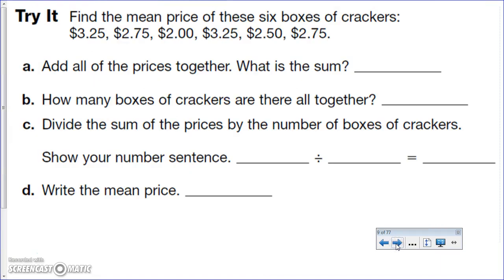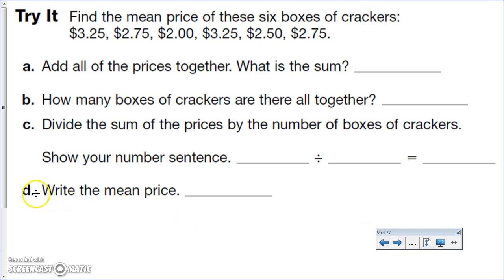For the try it, we need to find the mean price of these 6 boxes of crackers. $3.25, $2.75, $2, $3.25, $2.50, and $2.75.